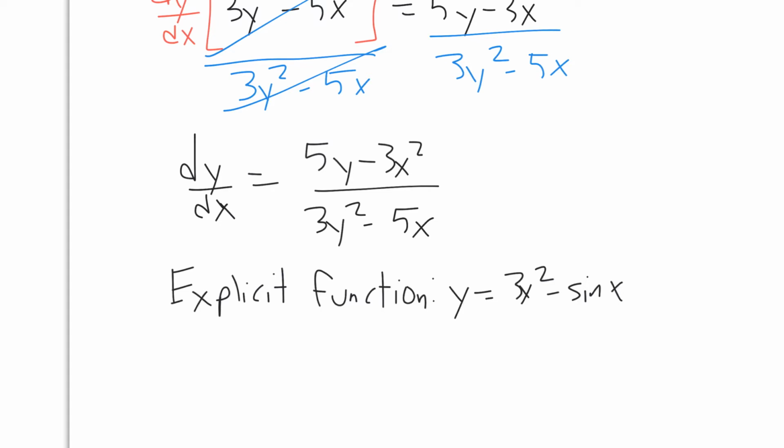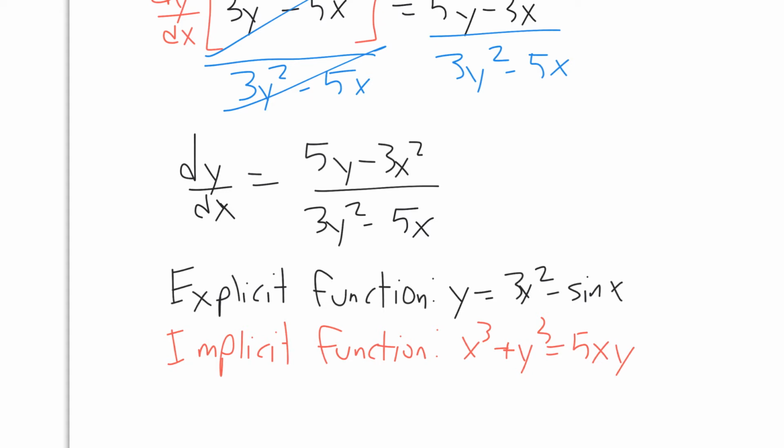But an implicit function is a function like x cubed plus y cubed equals 5xy, like the one we just did. Because you're not exactly saying what y is equal to. You're saying, well, x and y, both of them being cubed, are equal to 5xy.